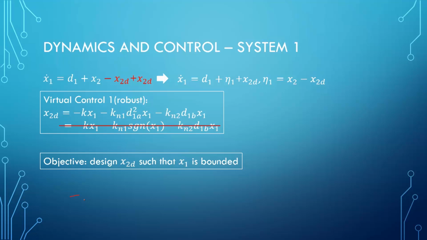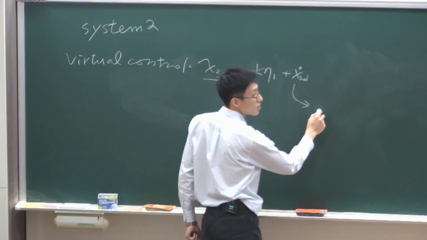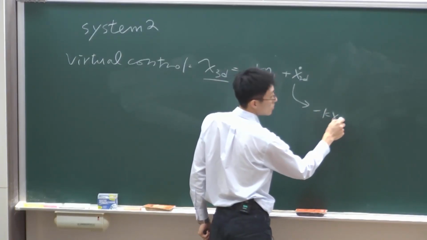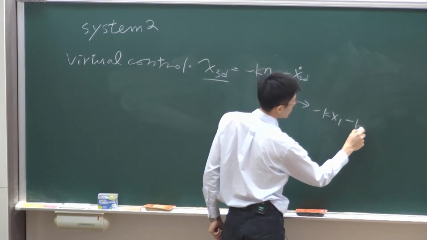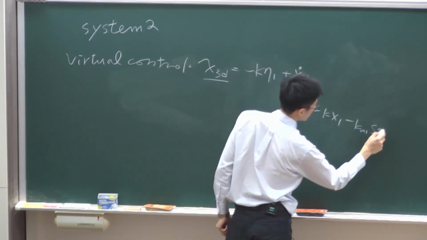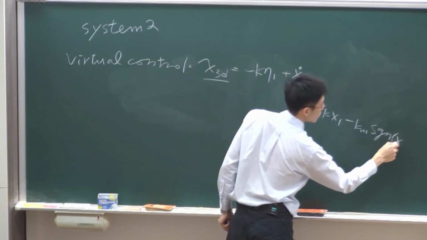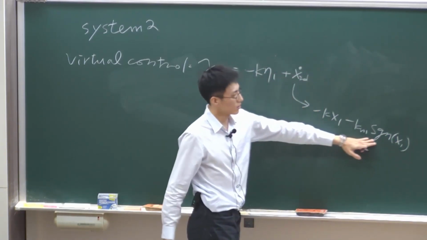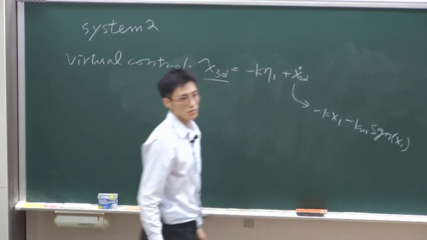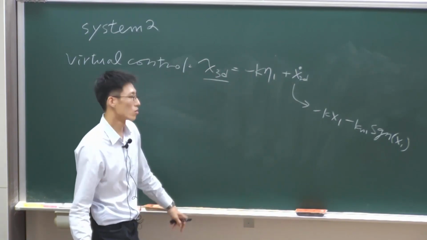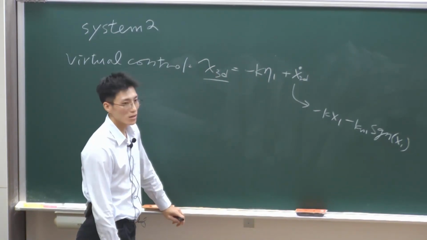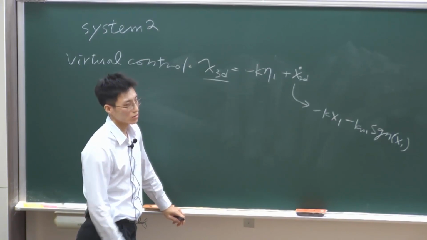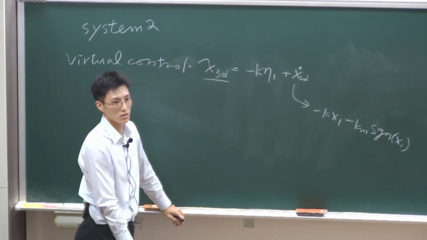If you design with high frequency, right? What's the time derivative of a sine function? Is a sine function continuous? No, it's not continuous. So the time derivative doesn't exist.